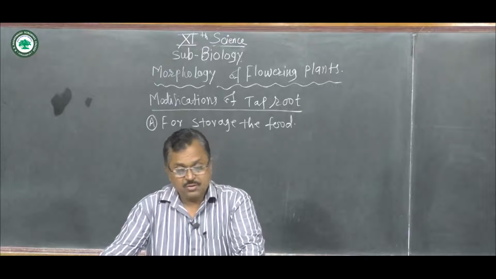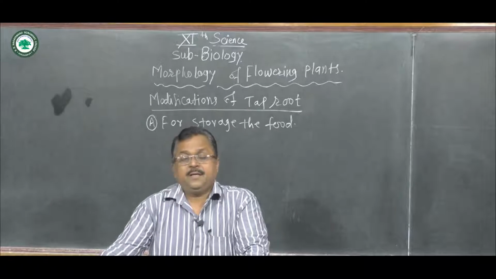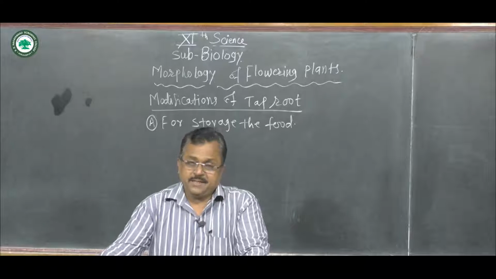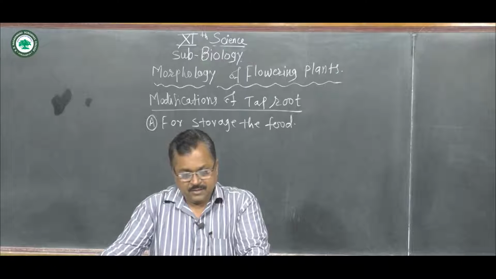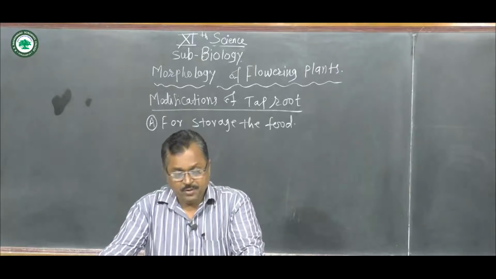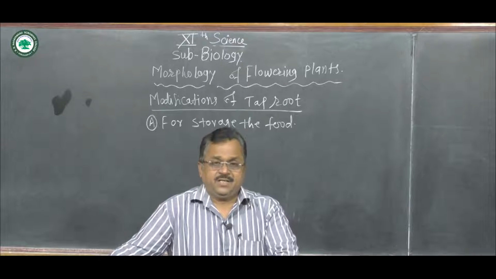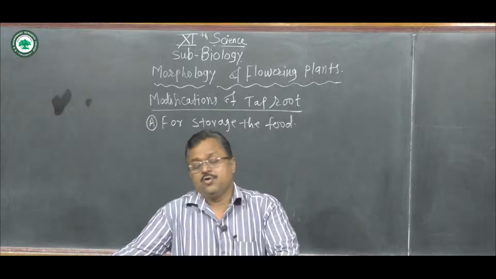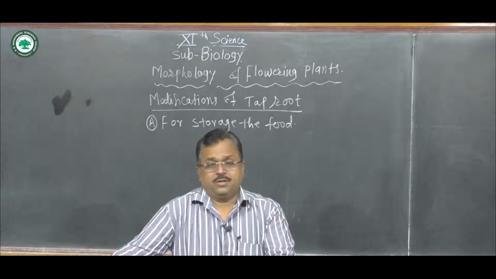Secondary roots remain thin and they perform the function of absorption. The stem in such cases remains reduced, discoid in structure.